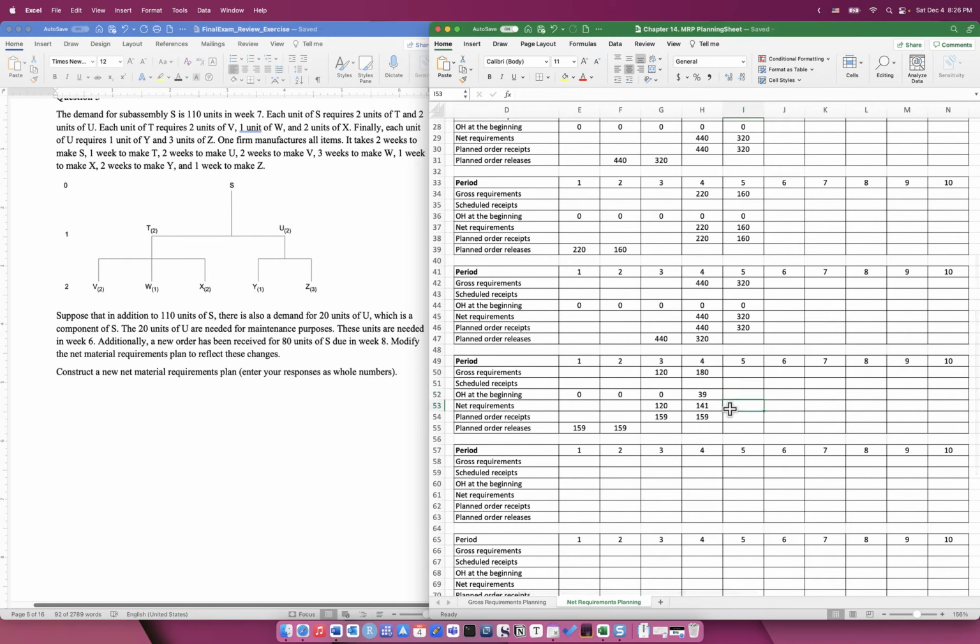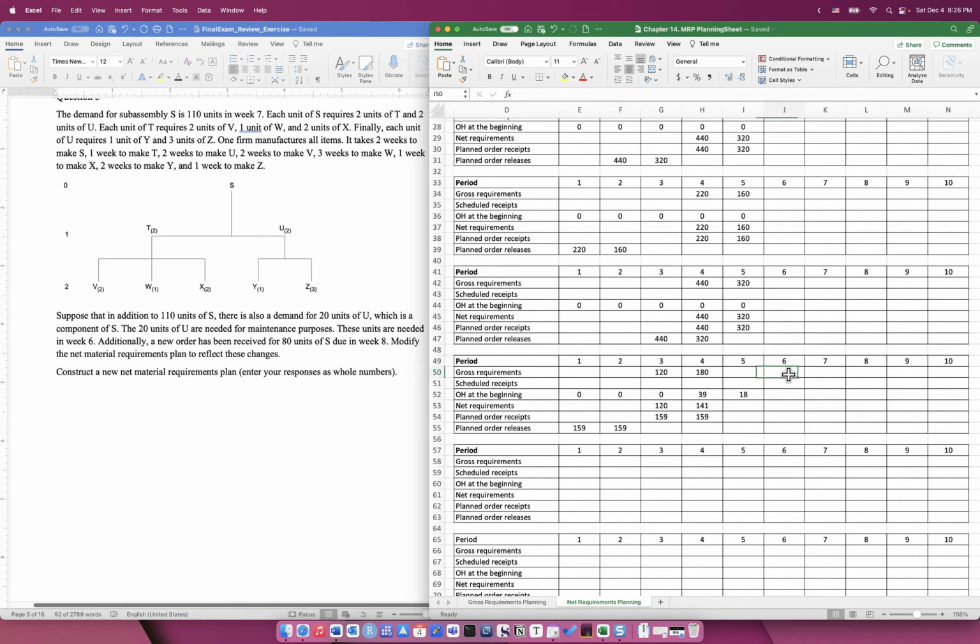So remember, you see there's some difference here, right? So you need to make sure that you indicate the 18 left over from week 4 be carried over after week 4.